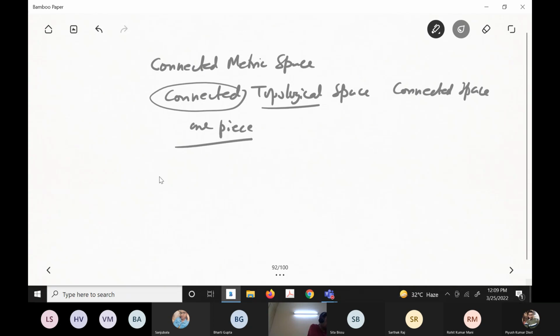Basically, the idea is that you have a topological space X and you know already X and phi are both open and closed.